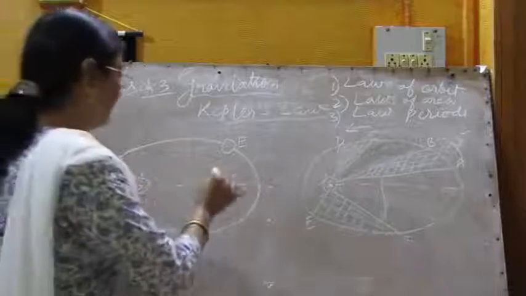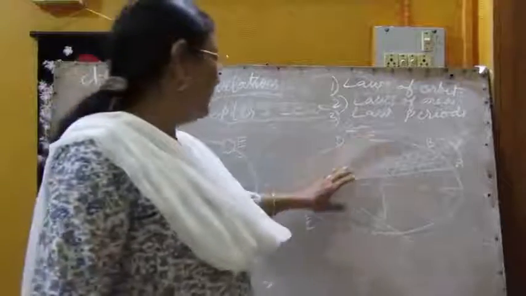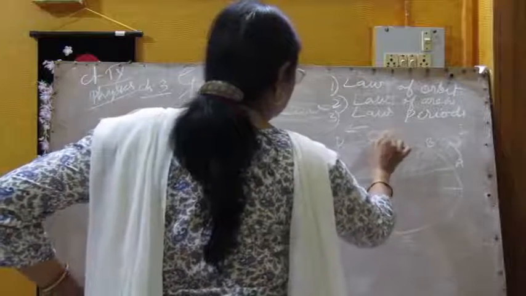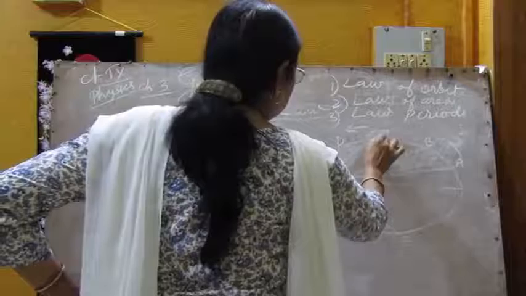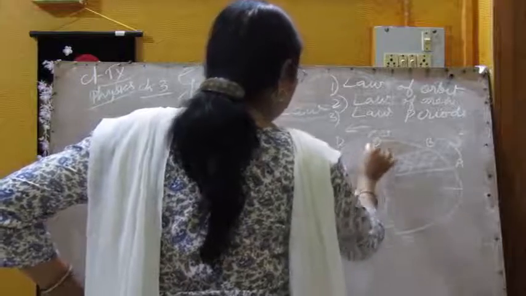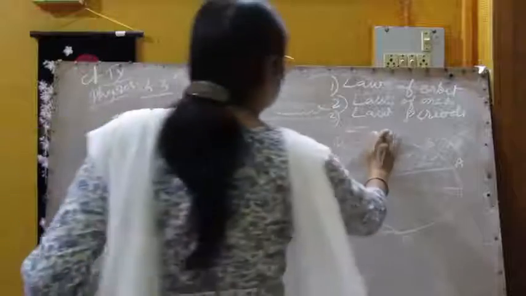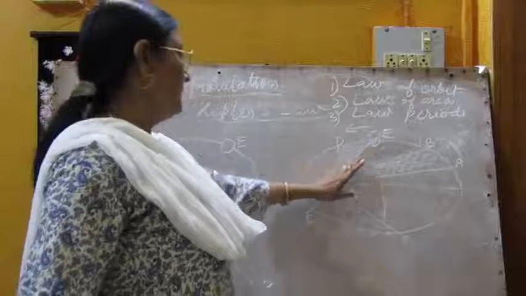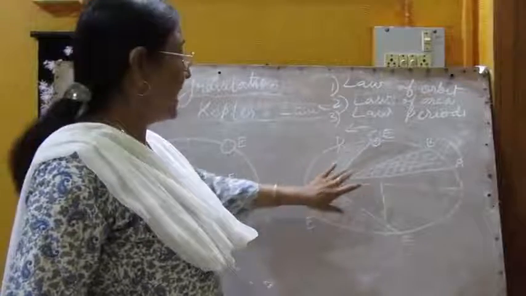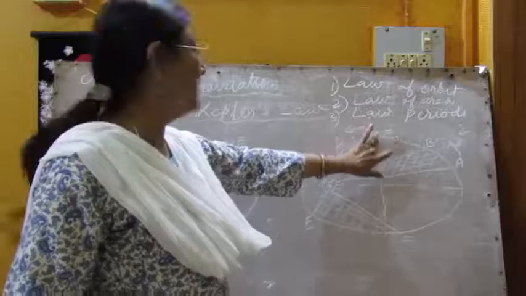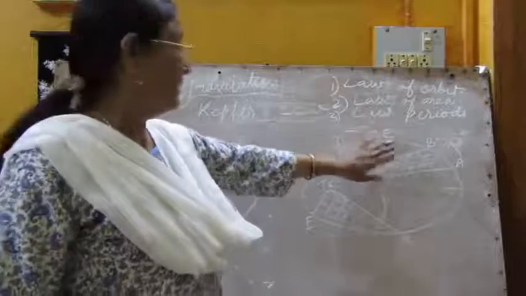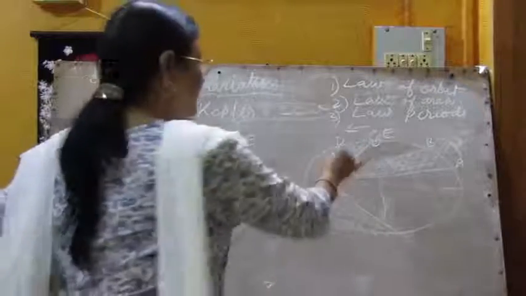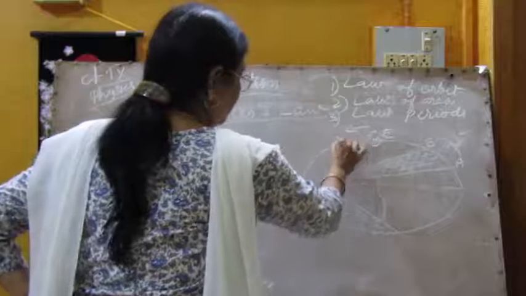But see here, suppose this is a planet, suppose it is Earth. The line joining the center of the sun and the planet will sweep equal areas, this much.